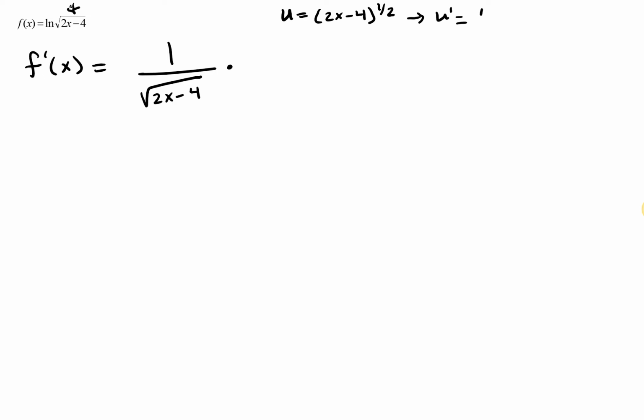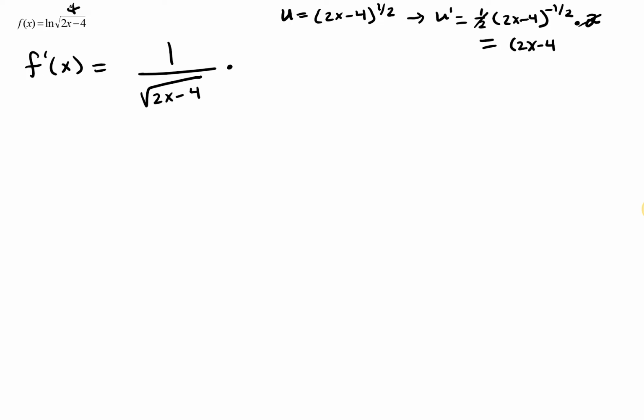So u prime is going to be 1/2 times 2x minus 4 to the negative 1/2, because remember we're subtracting 1, and then we multiply by the derivative of the inside, which is just 2. The 1/2 and the 2 end up canceling, and you're left with 2x minus 4 to the negative 1/2.